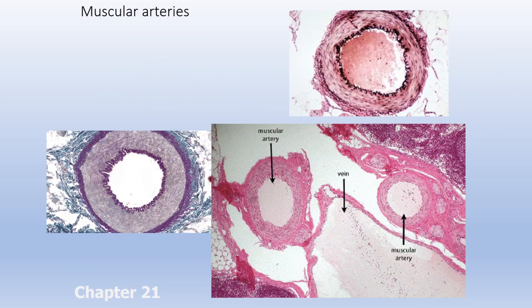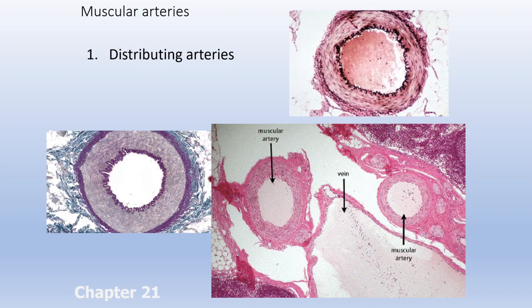These are muscular arteries. The other book that I used to teach from called them distributing because they distributed blood to specific organs. So the renal artery that comes off of the aorta and brings blood to the kidney would be a distributing artery. The term muscular artery refers to its anatomy and the fact that it has a lot of smooth muscle.